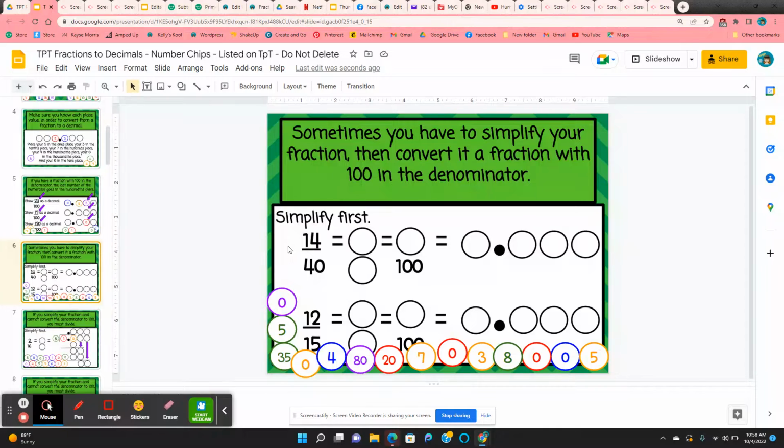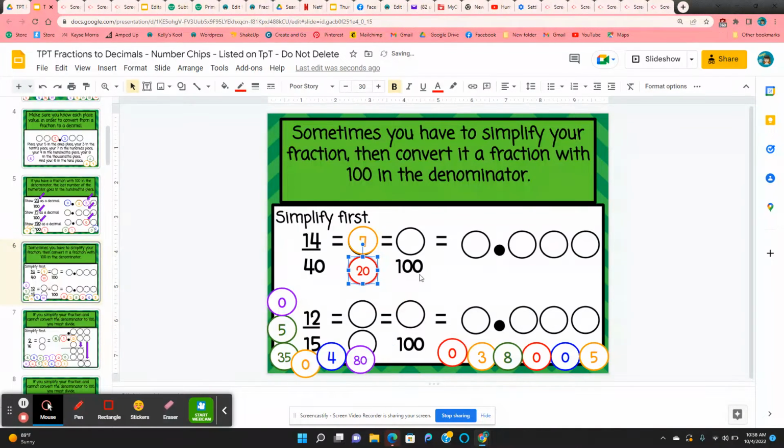Moving on, now on this slide, they're going to have to convert their fraction. And this one they're going to have to simplify first because they can't just change 40 to 100. So if they simplify first, they divide the numerator and denominator by 2, they will get 7 20ths.